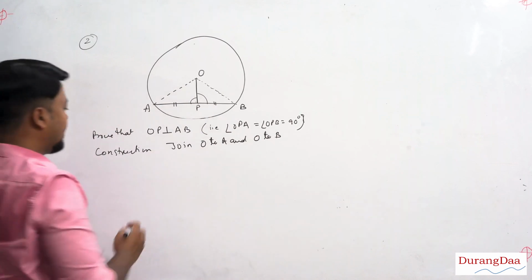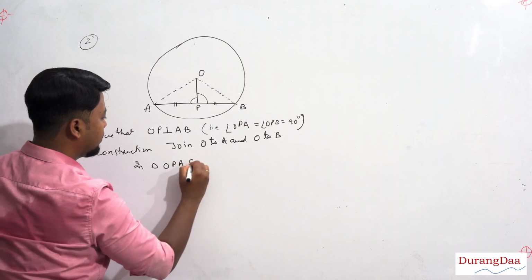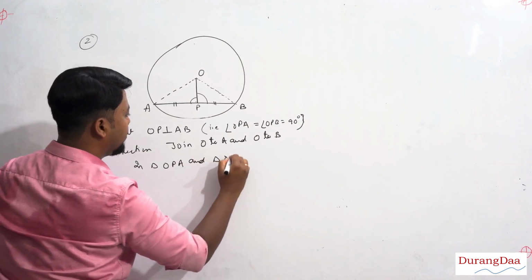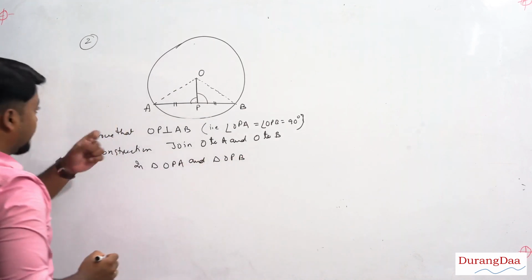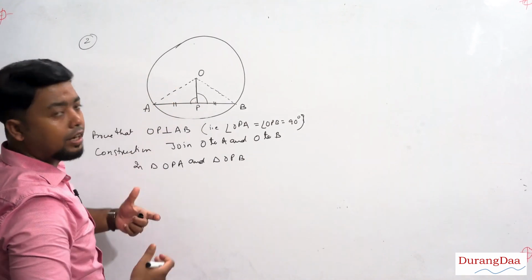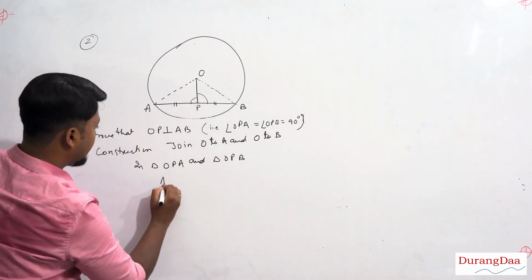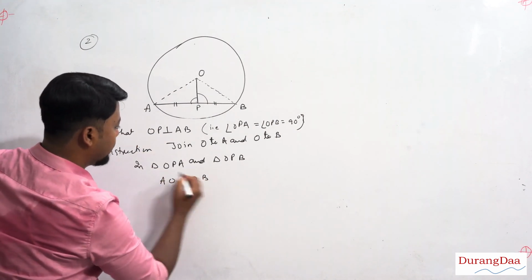Alright. After that, in triangle OPA and triangle OPB, now hunt for the equal angles or equal sides to prove them congruent. Firstly, I will write here AO equals to OB. Why?